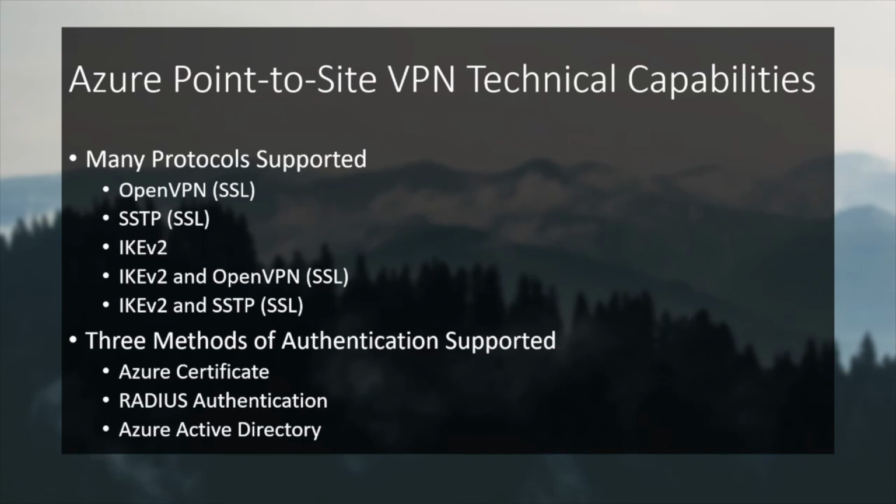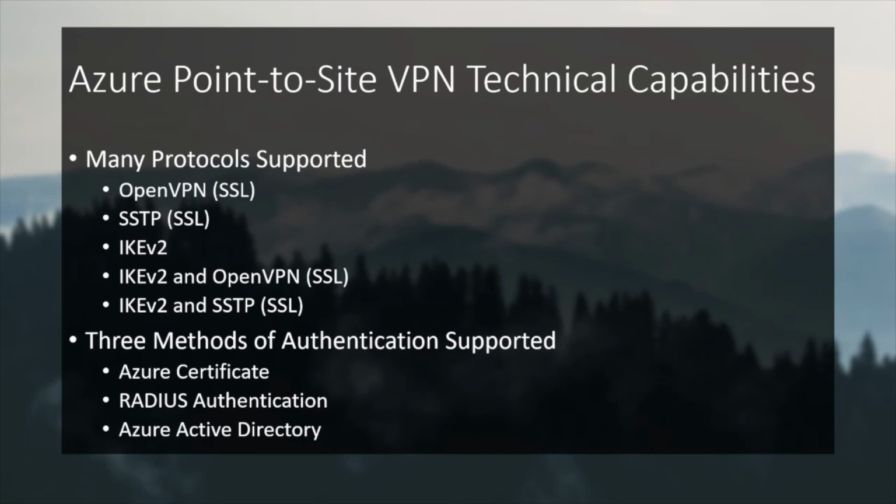Lastly, it is a bit more involved, but you have the option to utilize Azure Active Directory as the identity source and the mechanism of authentication. So when a user turns on their Azure Active Directory point-to-site VPN, they simply log in with their corporate credentials to your Azure Active Directory, email address and password, and they're logged into the VPN.